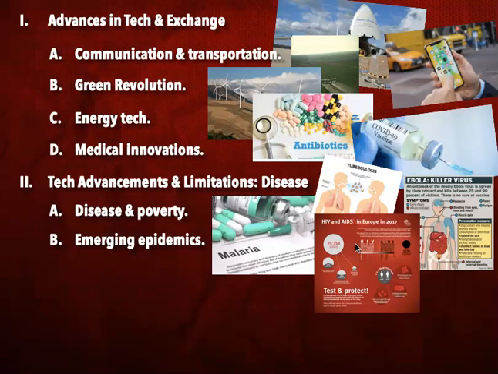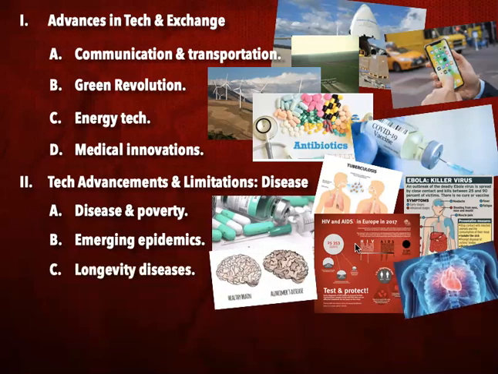Even COVID here in the early part of the 21st century would be an example of emerging epidemics, or pandemics in that case. And scientists identify these as super strains of various kinds of viruses.